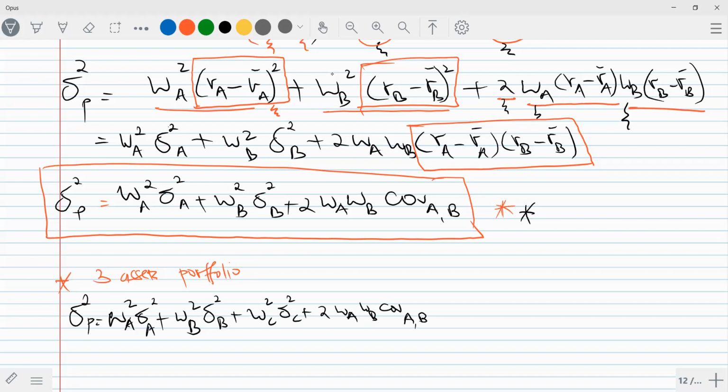But don't forget now you have C. Plus 2 weight of asset A, weight of asset C, covariance between asset A and asset C. Don't forget, the covariance is only between 2. Co means 2.